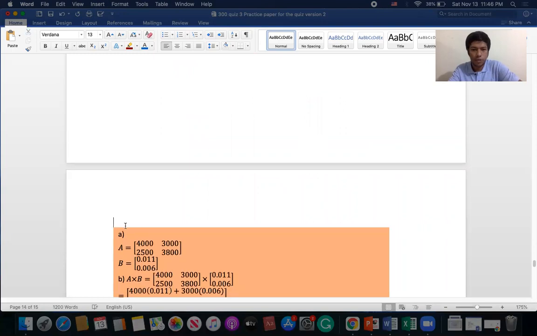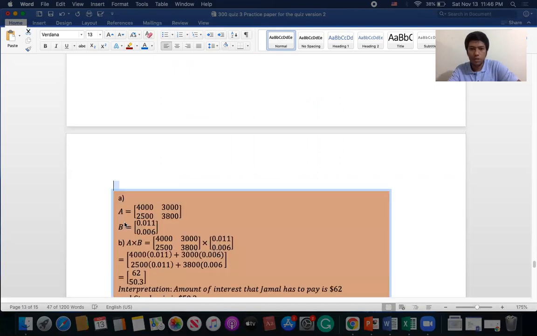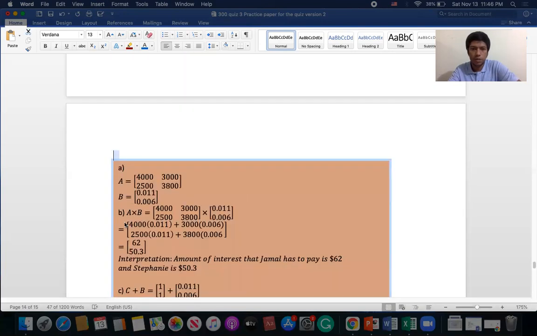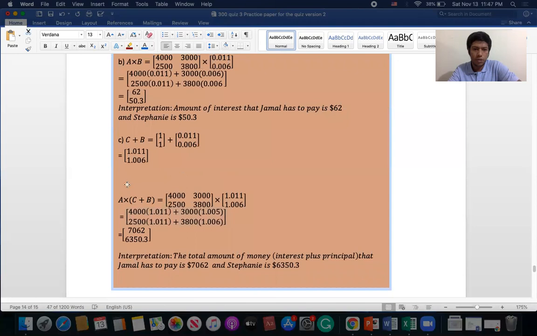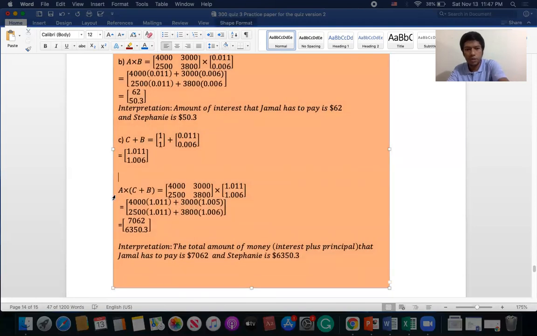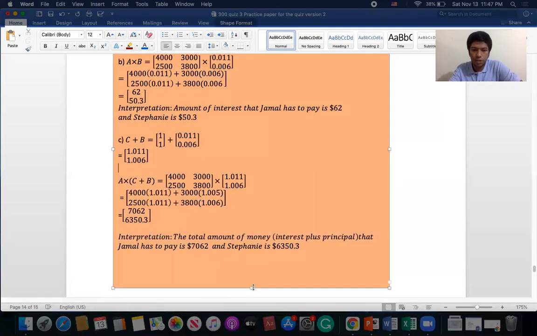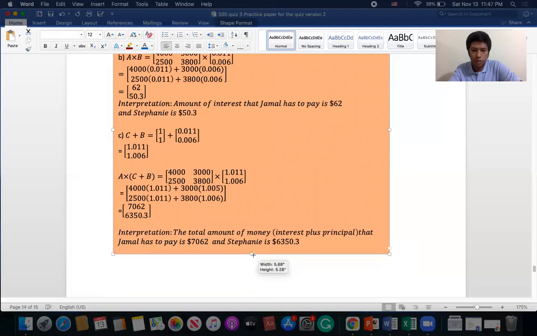Still, I'm not sure if it is possible. It's not possible. Maybe I can remove some space from here, make it a little small.